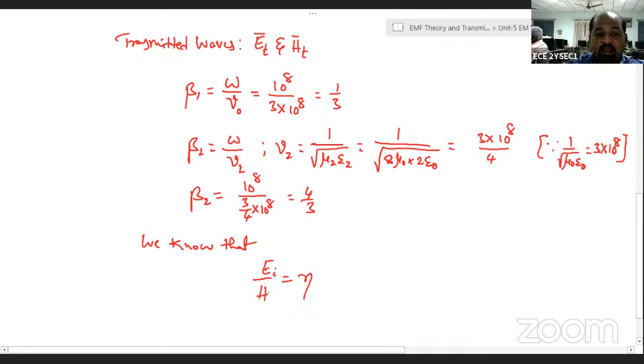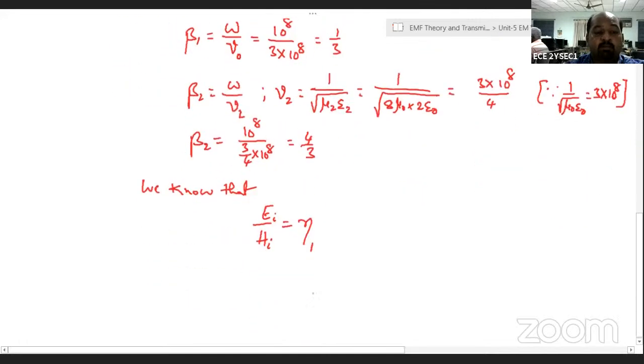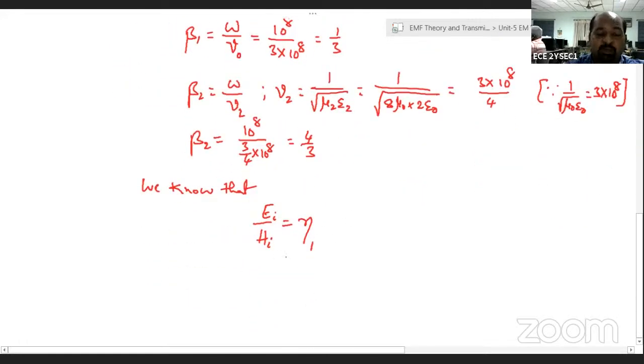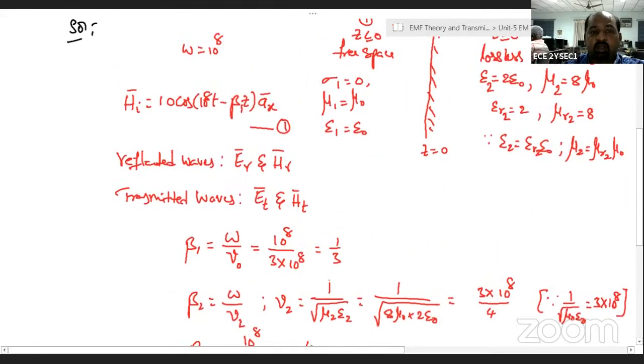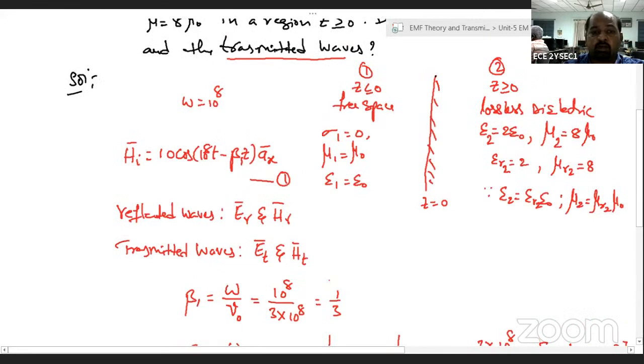Therefore E_i by H_i is equal to eta 1, because the incident wave is in region 1. So therefore E_i is equal to eta 1 H_i.